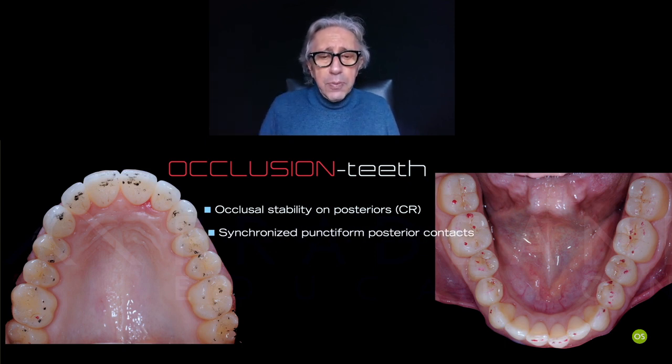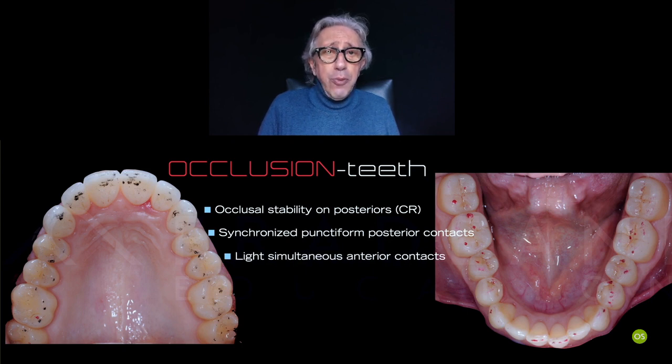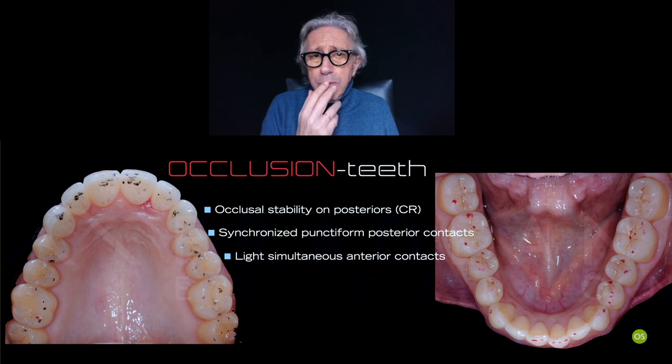Then, of course, you should have synchronized punctiform points of equal intensity, as I said, and if posteriorly we have a marked contact, anteriorly we have a light contact; no fremitus should be present here. You should really avoid fremitus, you should have a nice light contact there.